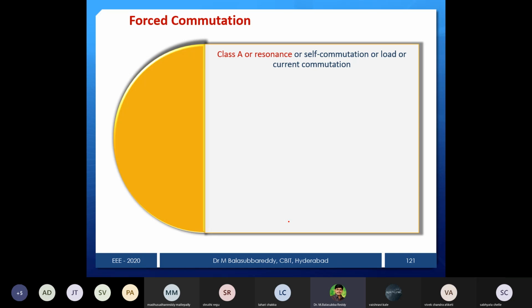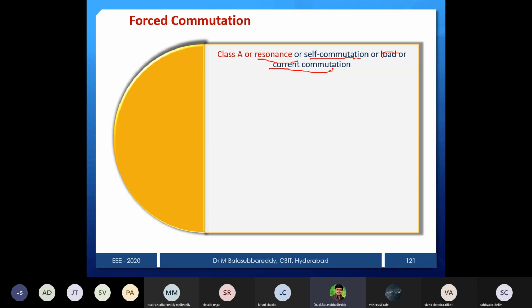One is class A or type A. Some books represent it as type, some as class. Anything is the same. Another name for class A is resonant commutation, self commutation, load commutation or current commutation. All are the same.